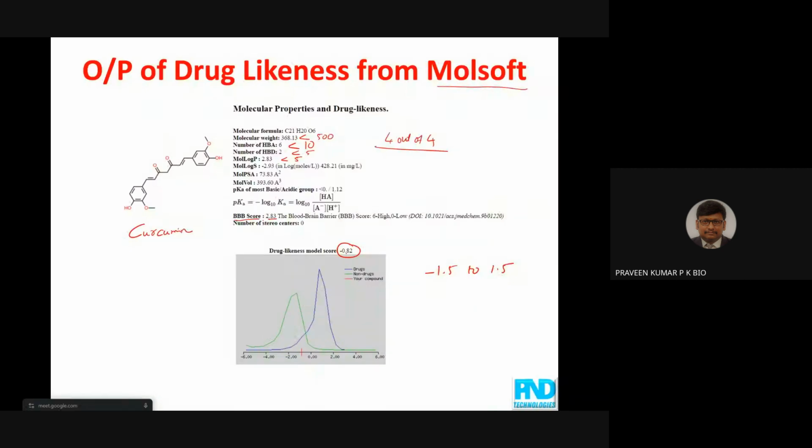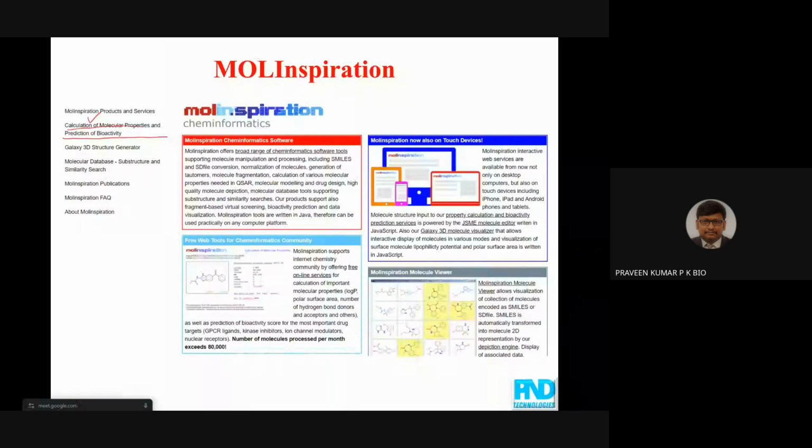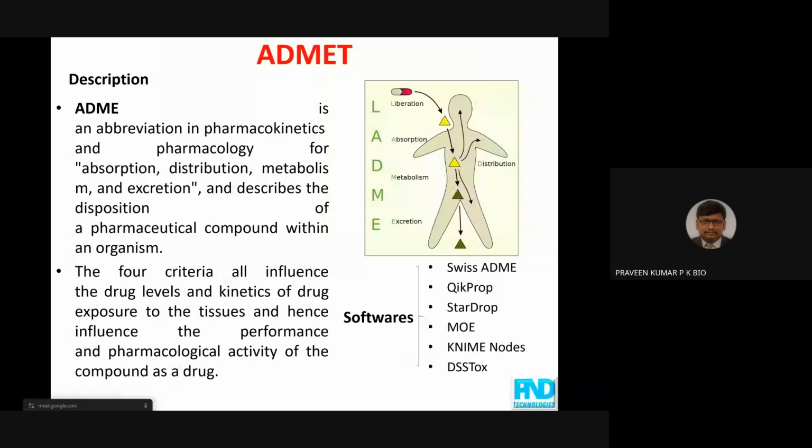We got the value as minus 0.82. So our curcumin falls in this range. Just because minus 0.82 is in between minus 1.5 to plus 1.5, we can tell this compound behaves like a drug. And Molinspiration is another tool to check the molecular properties and bioactivity.